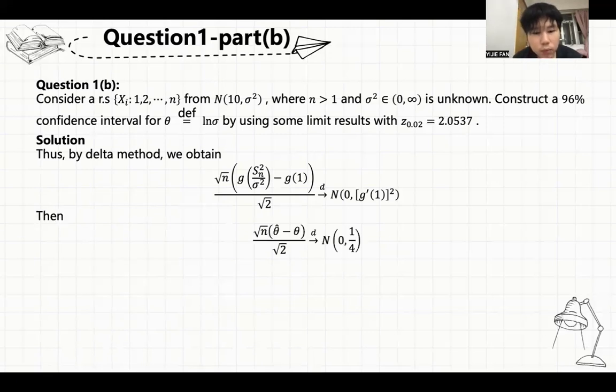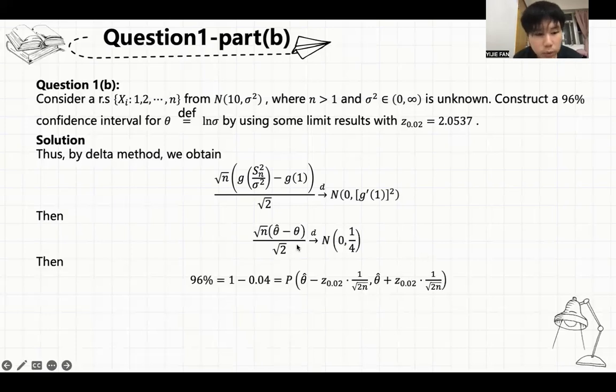Then we substitute Sn square over sigma square by theta hat and g(1) by theta. So we can get this convergent relationship.